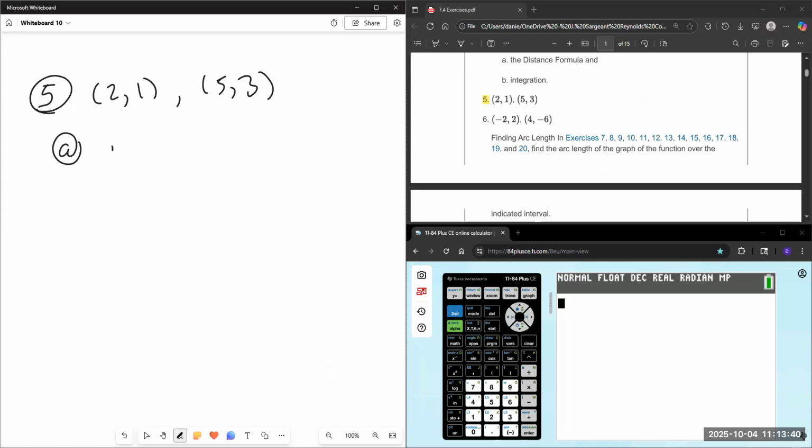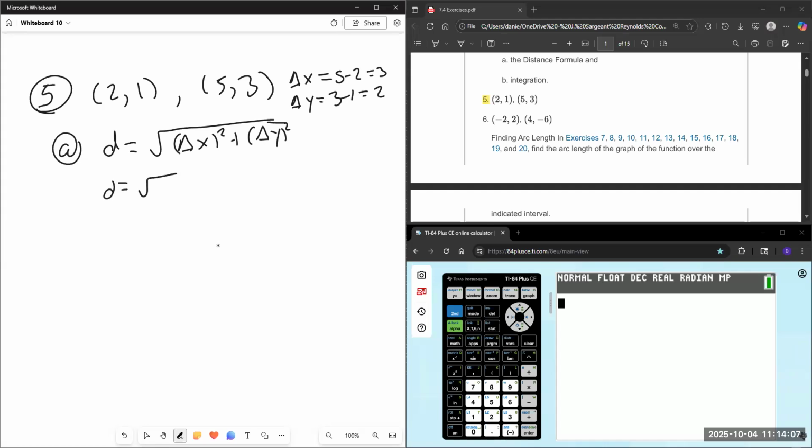So our distance formula d is equal to the square root of delta x squared plus delta y squared. Delta x is 5 minus 2, which is 3. Delta y is 3 minus 1, which is 2. So d is the square root of 3 squared plus 2 squared, which is the square root of 9 plus 4, which is the square root of 13.